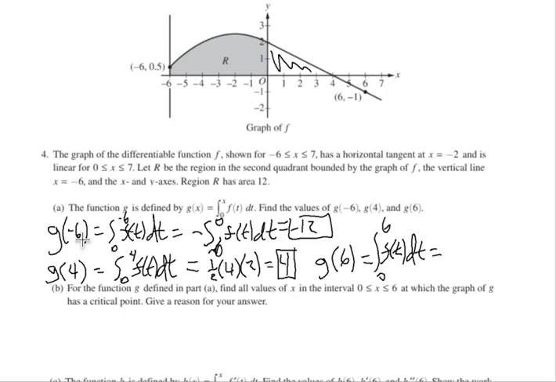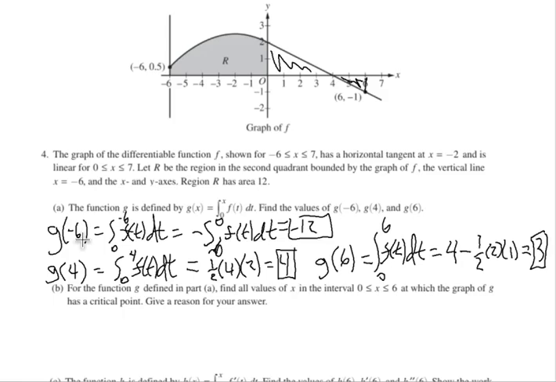We already know from 0 to 4 has a value of 4, and then from 4 to 6 is that triangle there, but it's going to get counted as negative because the region is below the x-axis, so minus 1/2 times 2 times 1. So the total gives us 3.